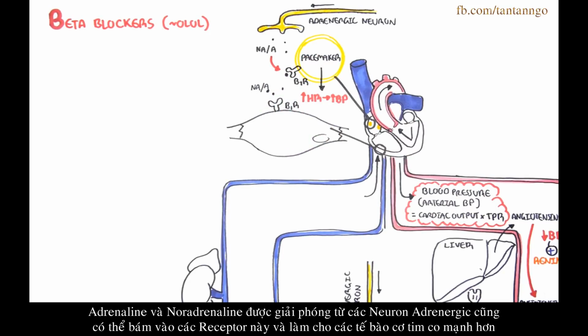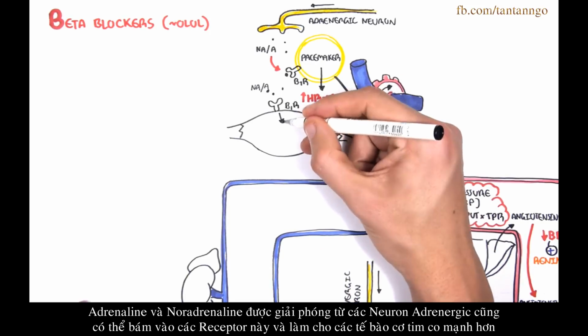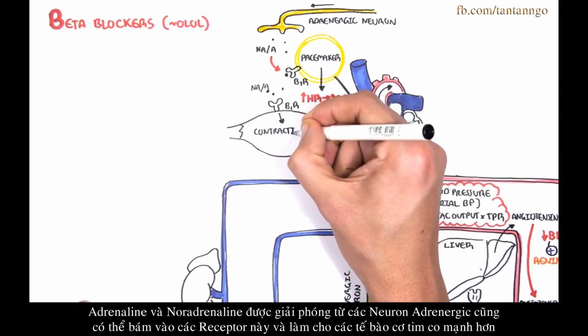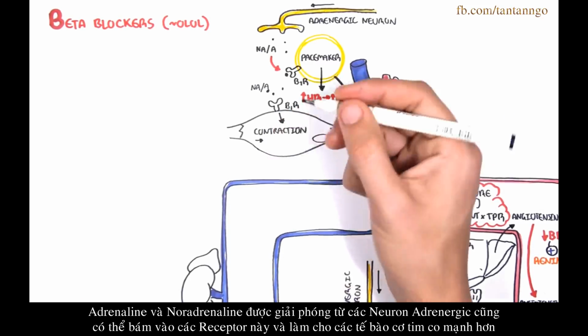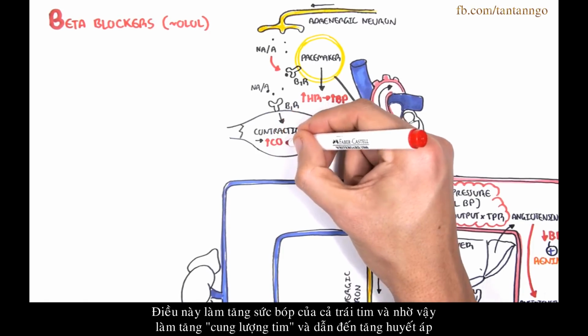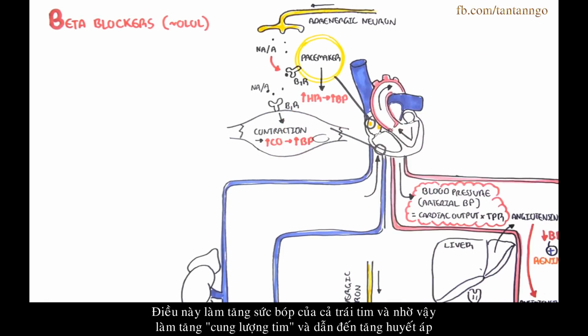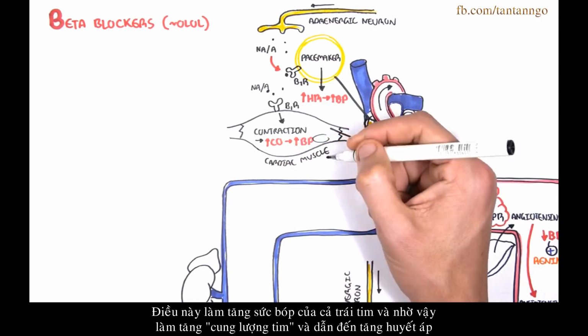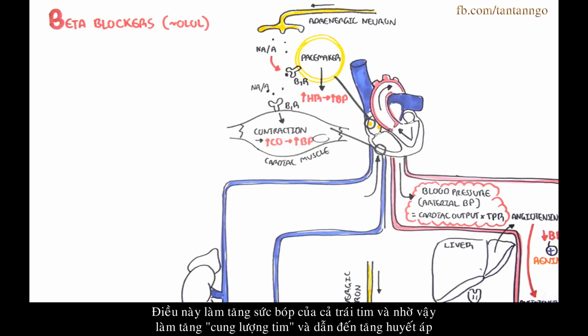So noradrenaline and adrenaline released by adrenergic cells of the sympathetic nervous system can stimulate the beta-1 receptors of the cardiac muscle cells, which will cause the cardiac muscle cells to contract stronger. To be exact, it will lead to a more powerful contraction. With a more powerful contraction, the heart is able to increase cardiac output, and because you're increasing cardiac output, you will increase blood pressure.